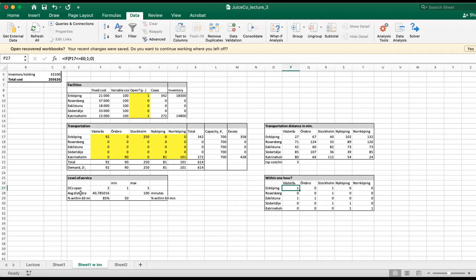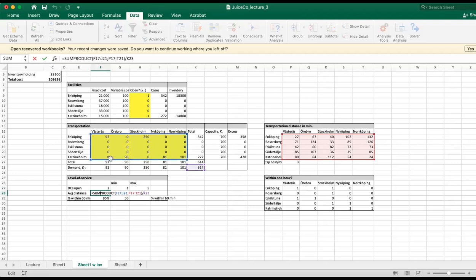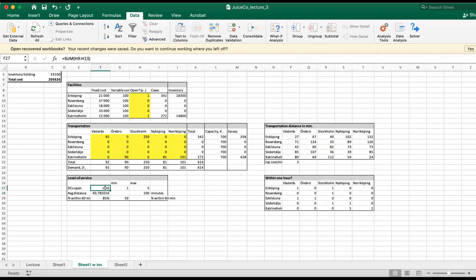And then you're trying to find the average distance. How do you find the average distance? You find the average distance by having the sum product of xij's, you multiply by that distance, and you divide by the total demand. And then you have the average distance when two DCs are open.